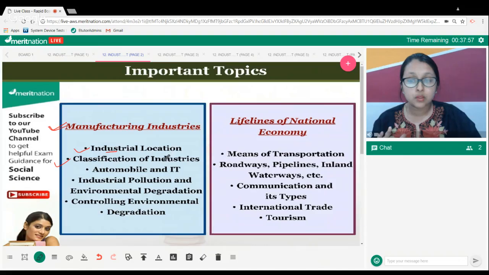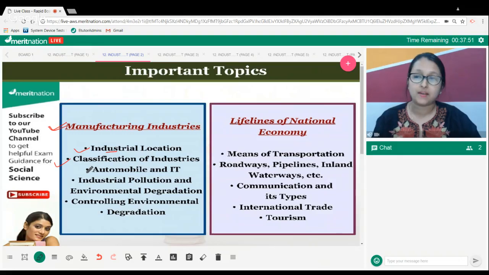How are these classified? On the basis of your raw materials, or on the basis of how much capital investment is required. You should properly know all those classifications. We have one question related to that also. We will study that also. Then you should also know all the automobile and the IT industries.